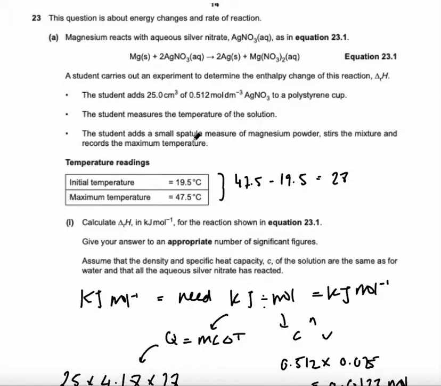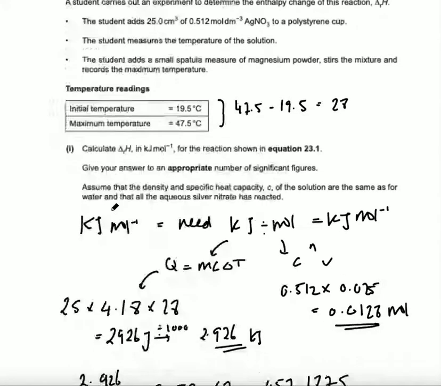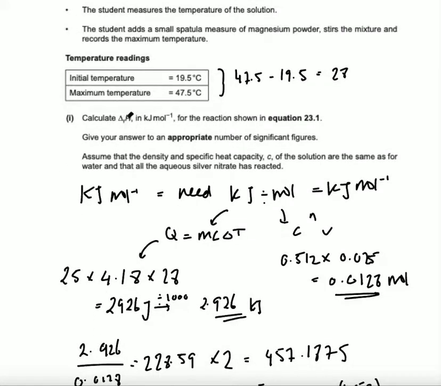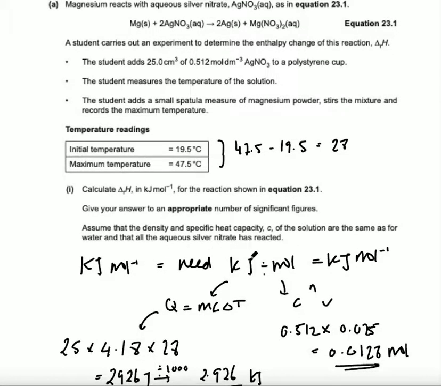The student adds a small spatula measure of magnesium powder, stirs the mixture, and records the maximum temperature. And this is a temperature reading, initial and maximum. Calculate the enthalpy of reaction in kilojoules per mole for the reaction here. Give your answer to an appropriate number of significant figures. Assume that the density and specific heat capacity of the solution are the same as for water, and that all aqueous silver nitrate has reacted.